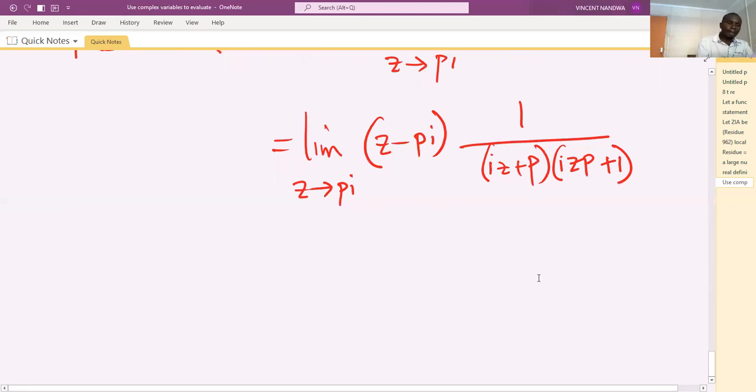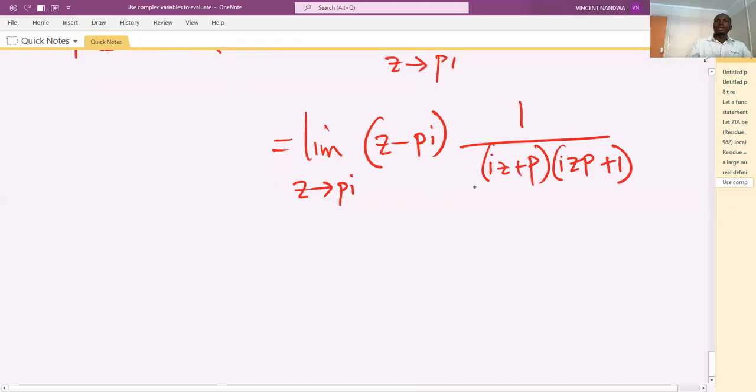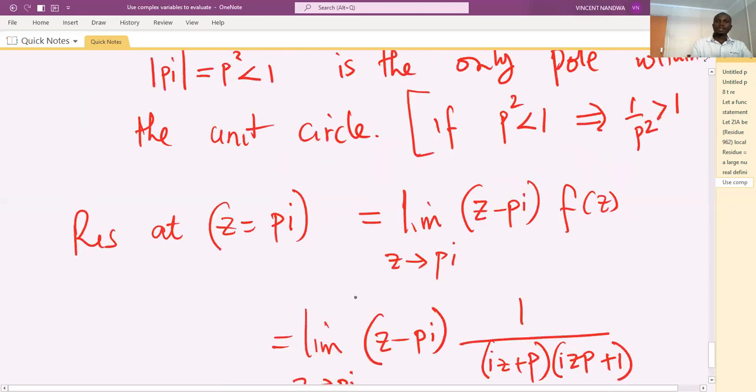So this is the same as, now remember here, this is z minus pi.